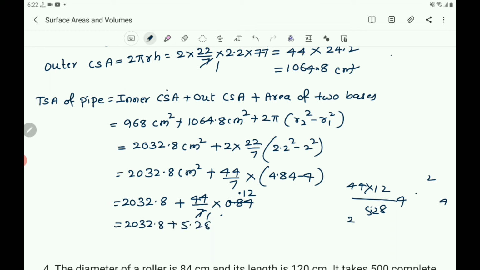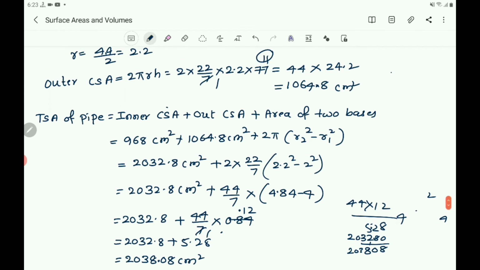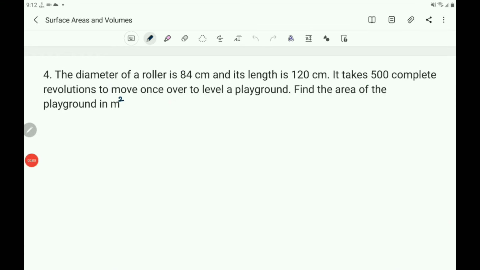So you will get 2038.08. What is the total surface area of the pipe? That is 2038.08 cm square. You write 2038.08 cm square. That is the total surface area of the pipe.